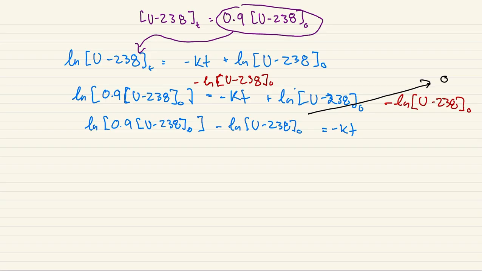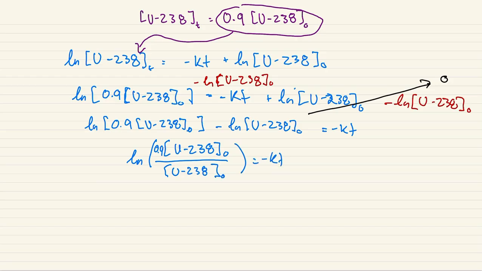And what do we do with these two terms? Like, how do we simplify that? Yeah, they become the logarithm of the quotient of both of them, right? So this becomes ln 0.9 uranium 238 initial over uranium 238 initial equals minus kt.